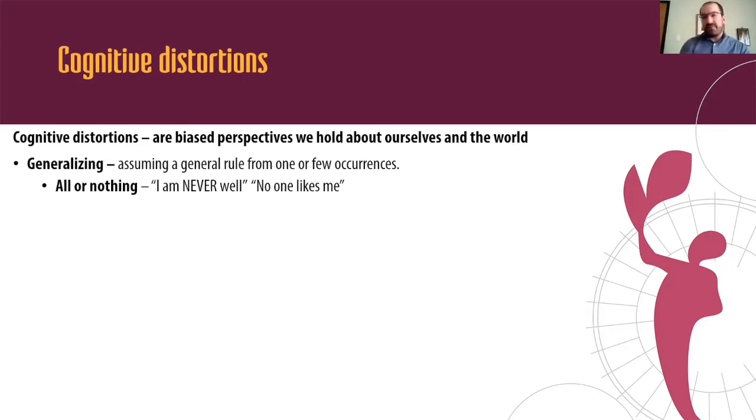So in life, it's very rare that we have 0 or 100%. We're usually in the middle. So whenever we generalize things by using these absolutes such as no one, everyone, and so forth, we might want to look at it as a possible cognitive distortion.